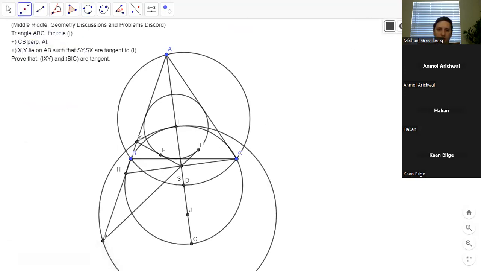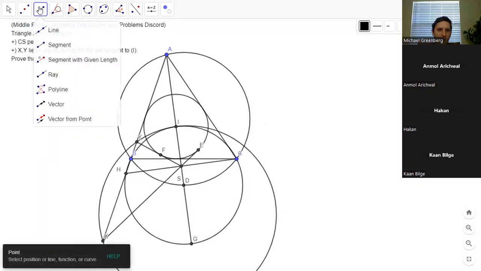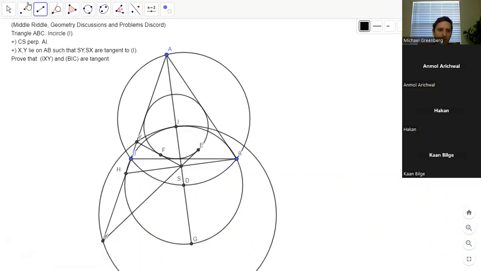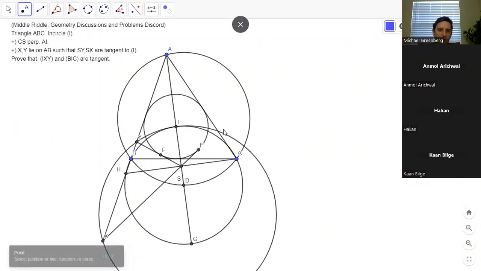The center of IXY. What we could do, we could try to work backwards. So basically we want to show that this point, I mean, another way to say it is we want to show that S, E, and J are collinear. That would solve the problem.